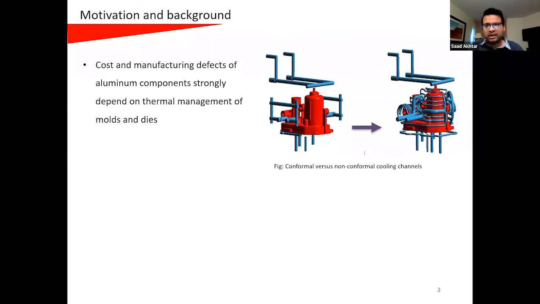Traditionally, as you can see on the left side of this figure, the cooling channels use straight drills in the mold. They're like straight pipes joined together, and they're built mostly using engineering judgment.